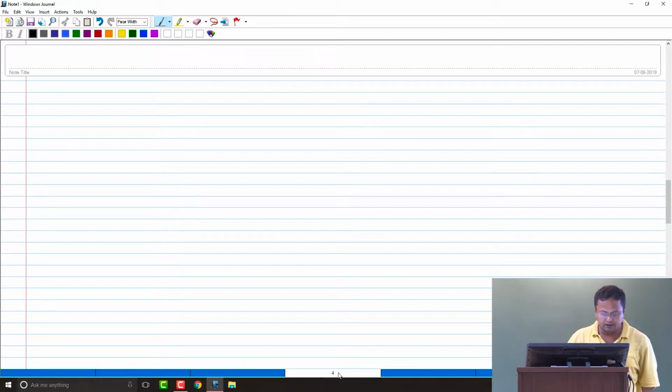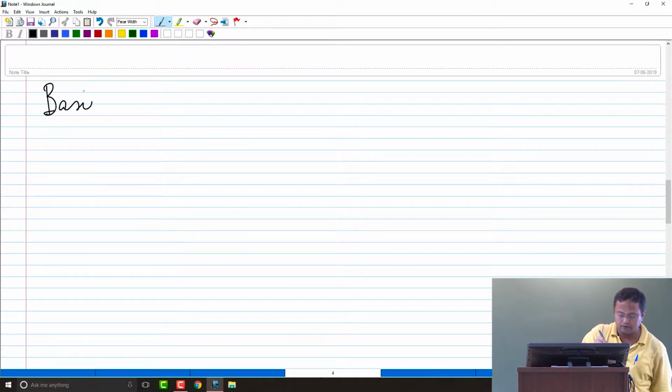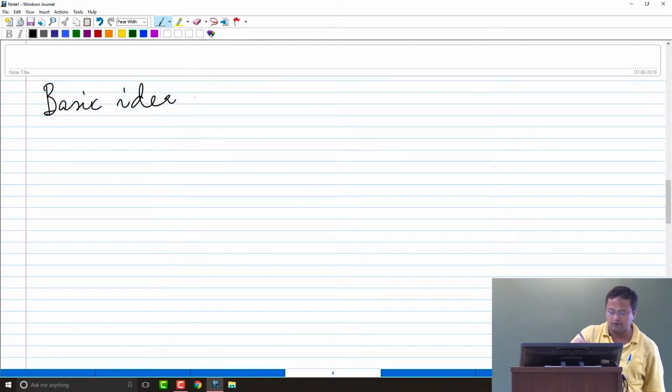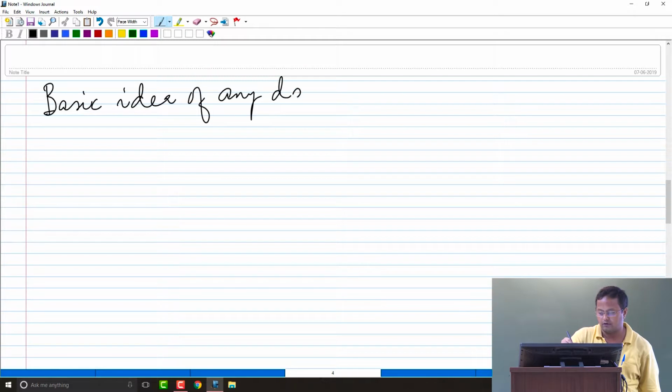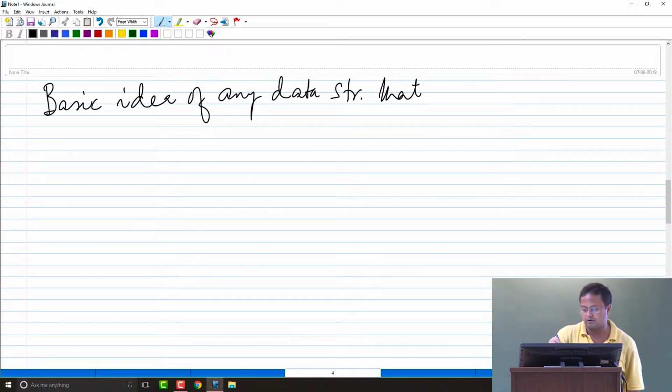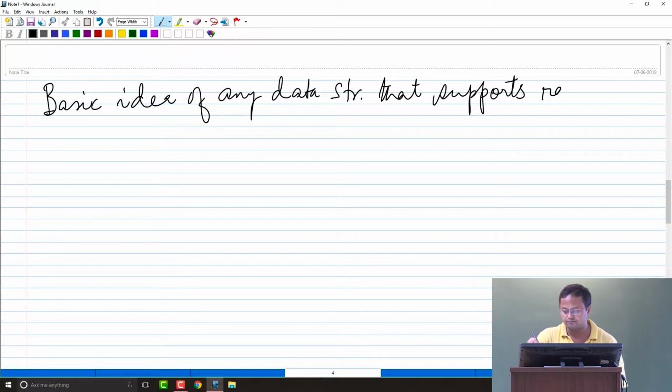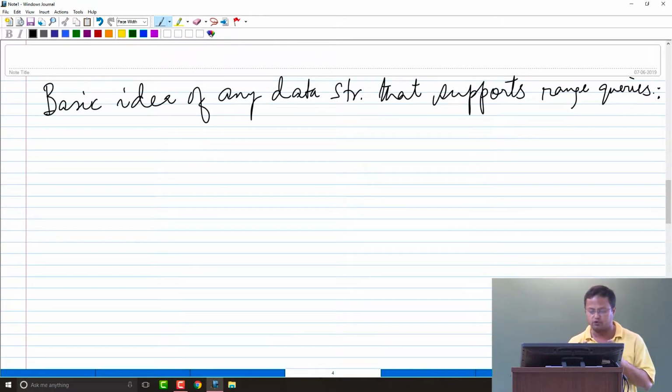Now, see the basic idea. So, the basic idea of any data structure that supports range queries is as follows.